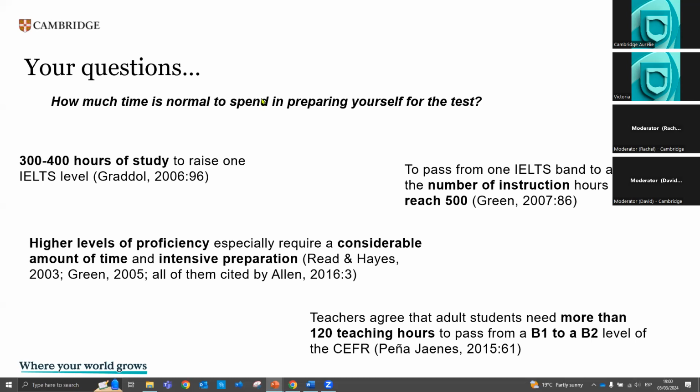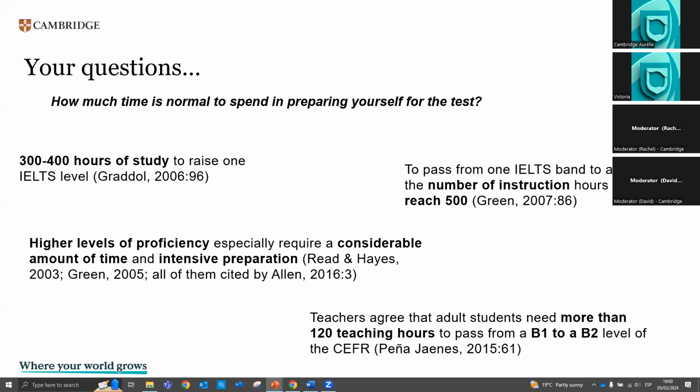More questions coming from you. There were questions about how long you need to prepare for a test. And as you can see here in these references, there is quite a range. But really, it is because it depends. It depends on your level. It depends on how much time you've got available to study on your own.